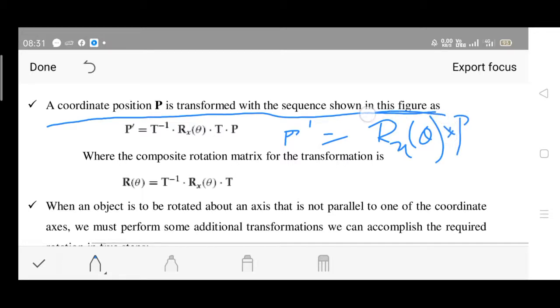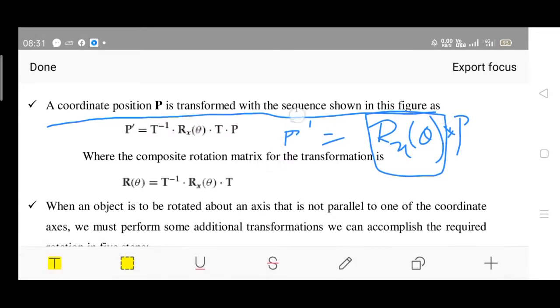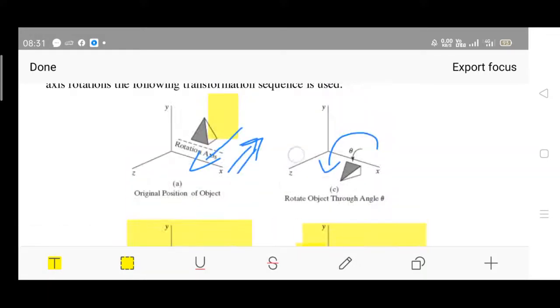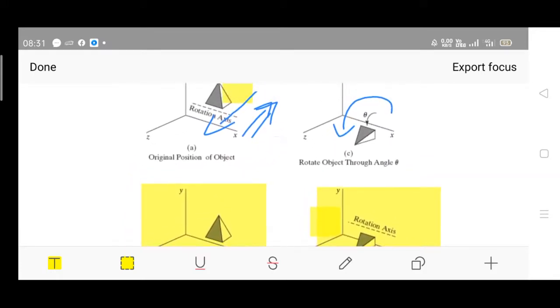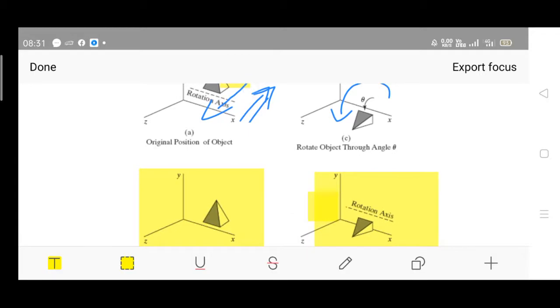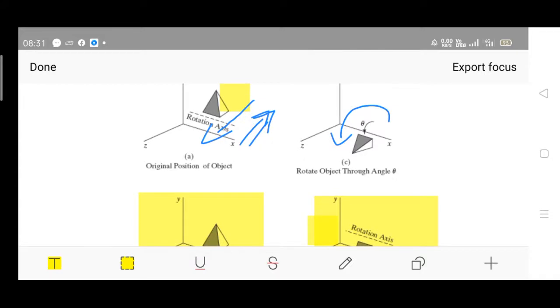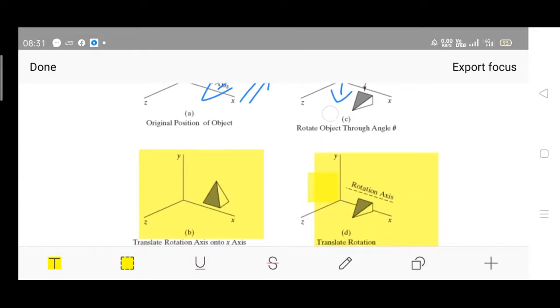But what is the meaning of Rx of theta? Observe carefully the above diagram. You have performed a sequence of steps. What are the steps? See, first you have performed the translation, isn't it? You have performed the translation, top to bottom, as per the diagram I am speaking about. Then you have performed the rotation, then you have retranslated it to the original position, that is, from the bottom position to the top portion.